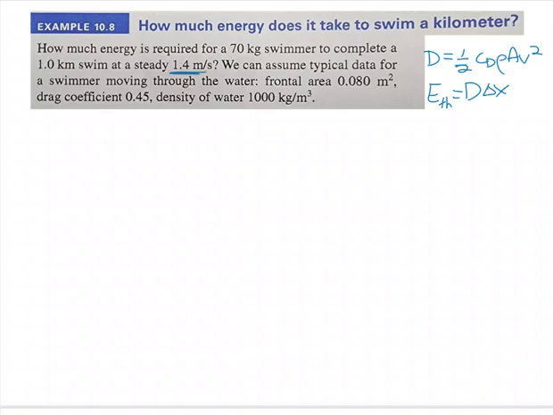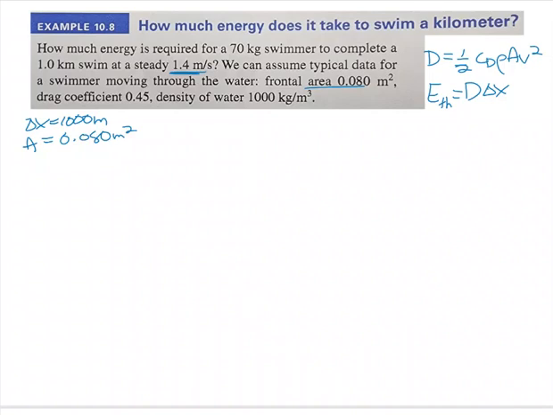Okay, so what do we know? Delta x is 1,000 meters. What else do we know? Is the A the 1,000? Oh, that's the cross-section area. So capital A is 0.080 meters squared.